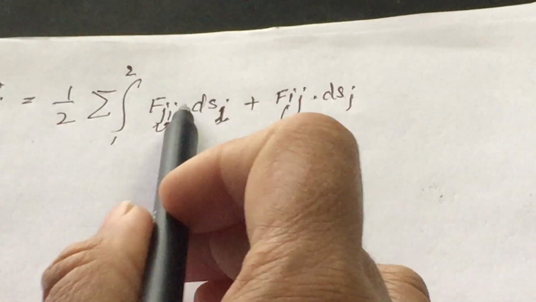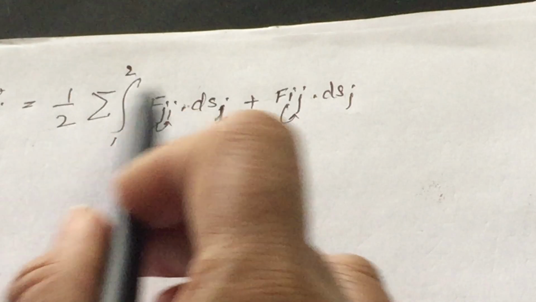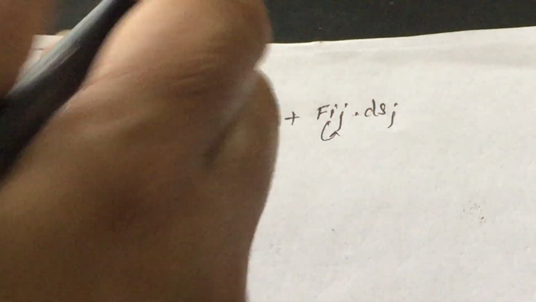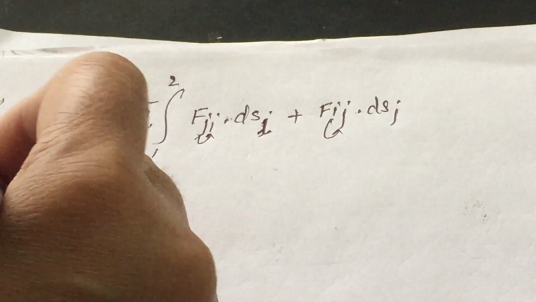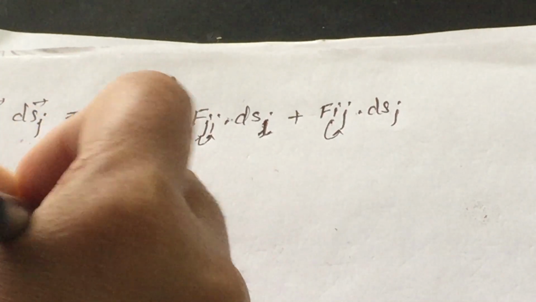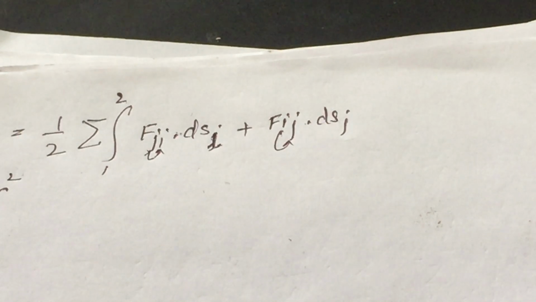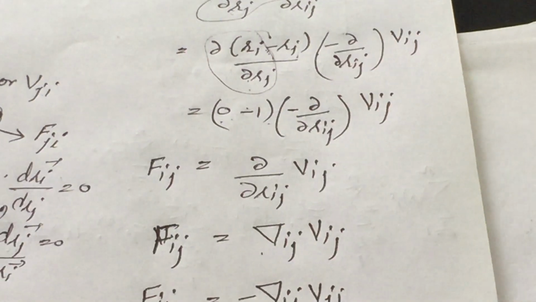We are doubling these terms, so we make this half so that our left-hand side and right-hand side become equal. From our above conclusion, we are putting all these forces in the form of their gradient. We already discussed these terms.